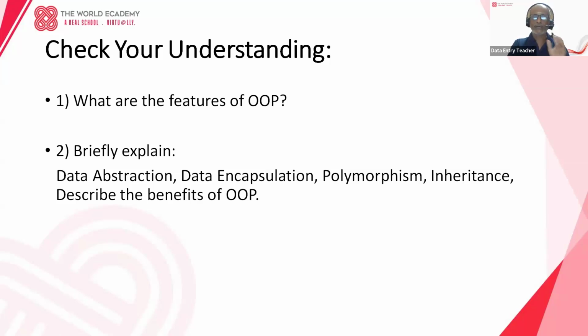So a method having different forms, right? Many forms. Okay, inheritance. What is inheritance? Inheritance is nothing but creating new classes from existing ones to promote code reusability, right? The class which inherits the properties of the base class. That is inheritance. That is very important.